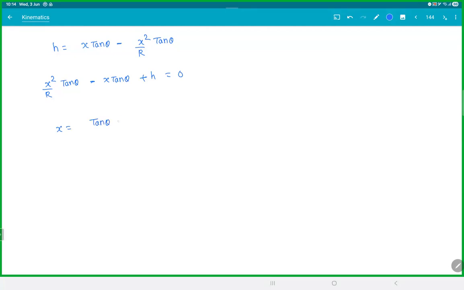X is equal to tan theta plus or minus root over b square, tan square theta minus 4 h by r tan theta, by 2a, that is 2 tan theta by r. Yeah, it looks deadly and bad, but you will get it. So in this, one root is x1 and one is x2. You can simplify this further.